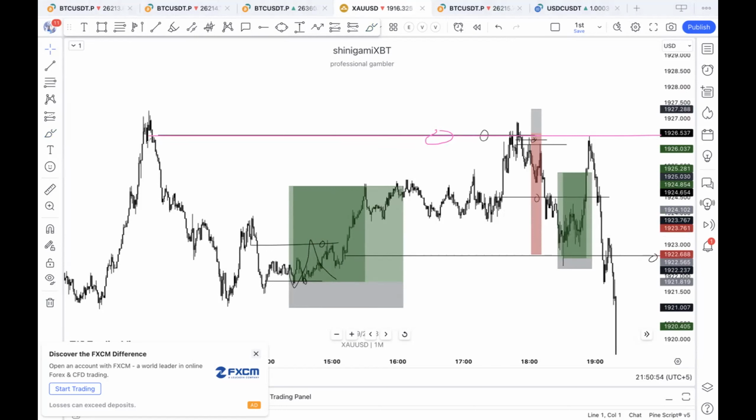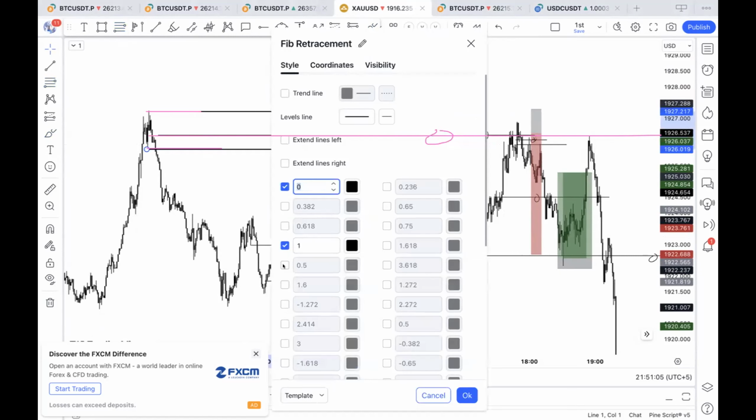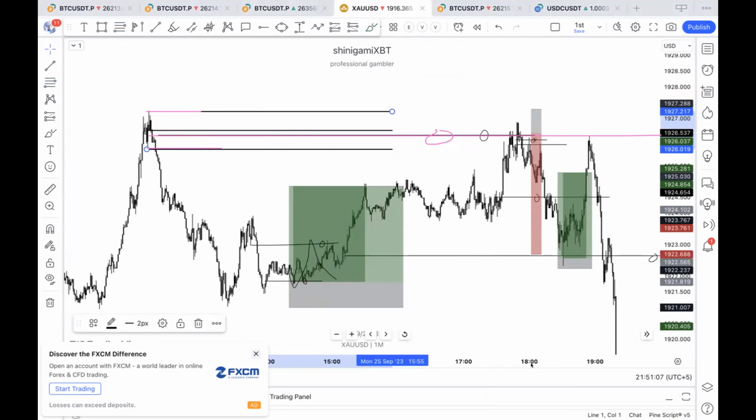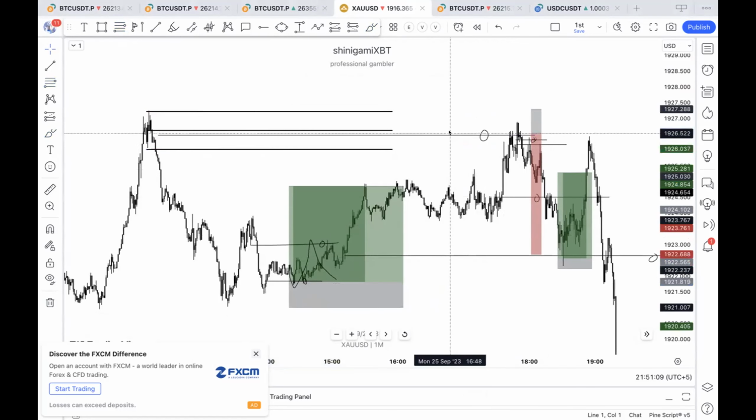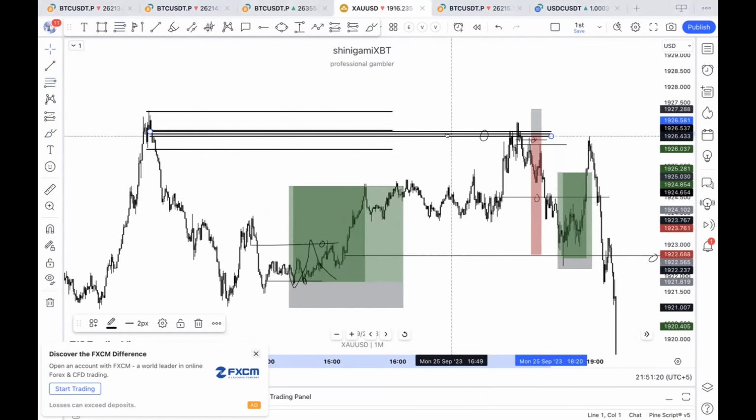You mark the order blocks here, the whole order blocks. Then what you do is you take the 0.5 of that, and then you combine that with the FVG in mind. You see a small FVG here, so an overlap.